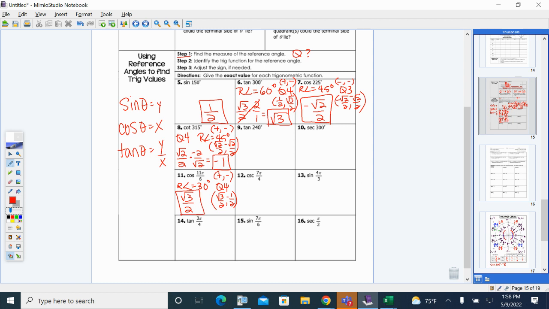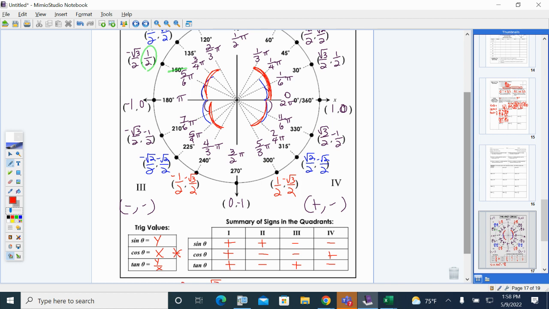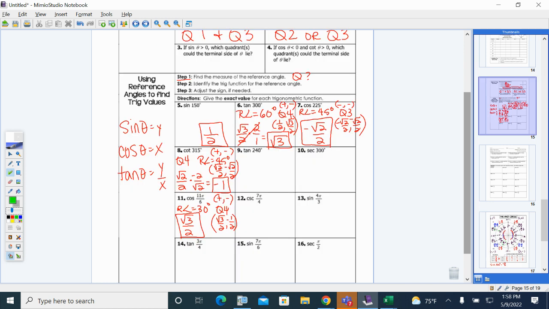Let's look at number 13, for example. Number 13 says the sine of 4 pi over 3. So let's go to our unit circle and find 4 pi over 3. And I see it. It is the same as 240 degrees. And in that problem, we were asked to find the sine, right?